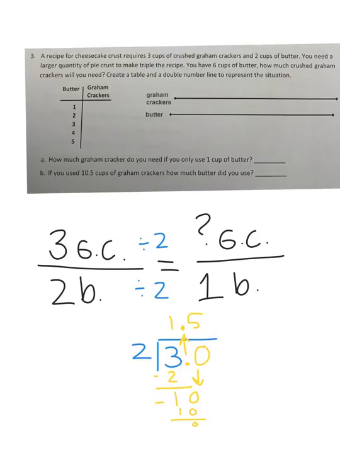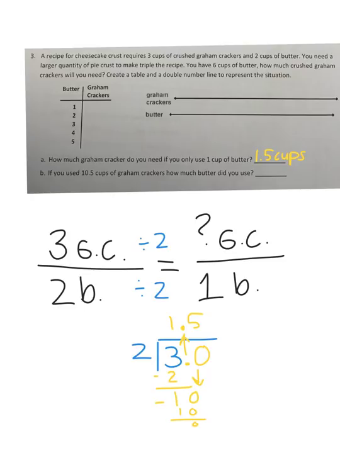So our unit rate would be 1.5 cups of graham crackers for 1 cup of butter. So you see our first question, we use 1.5 cups of graham cracker if we only use 1 cup of butter. Now that we found our unit rate, we can also fill out our table.